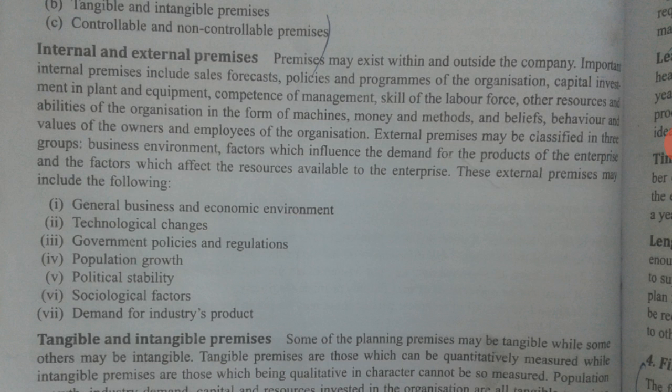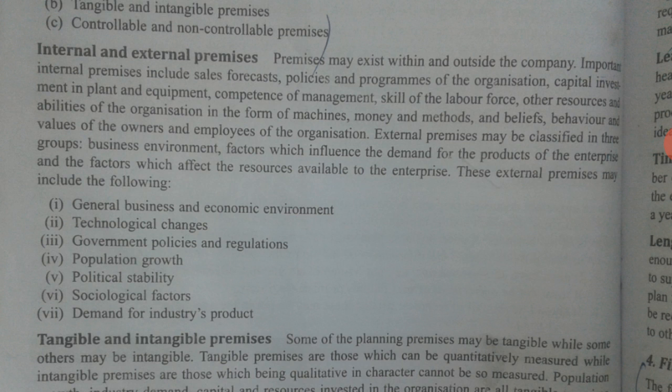Policies of government depend upon how the government will change them. Technology changes, so we cannot predict what type of technology may come in future. That is an external premise. And growth of population also is an external premise.